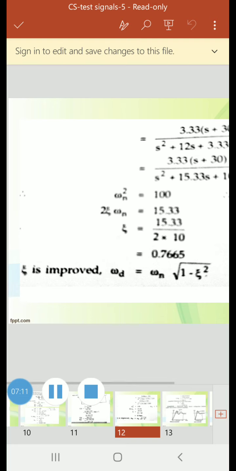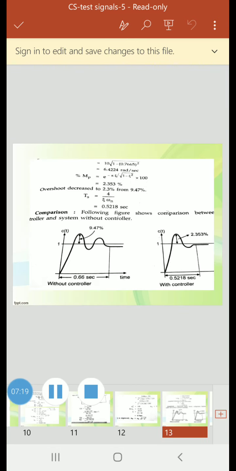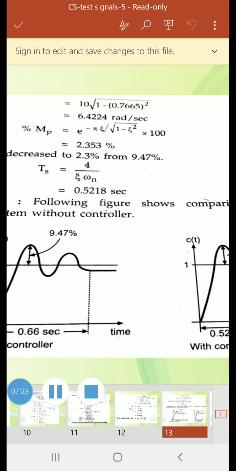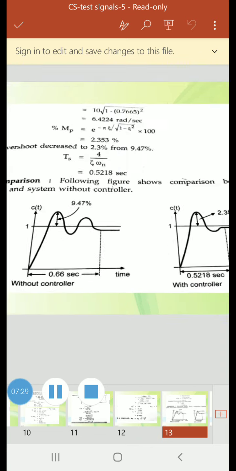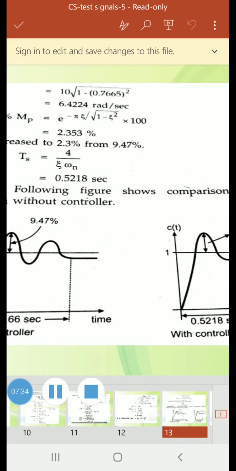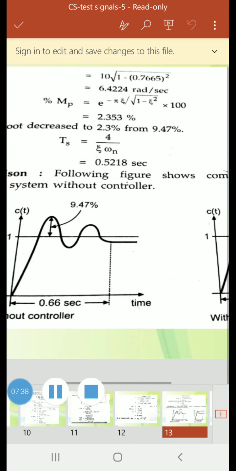Omega d is omega n root of 1 minus damping ratio square. After substituting omega n and damping ratio, we get 10 into root of 1 minus 0.7665 square, which is equal to 6.422 radians per second.